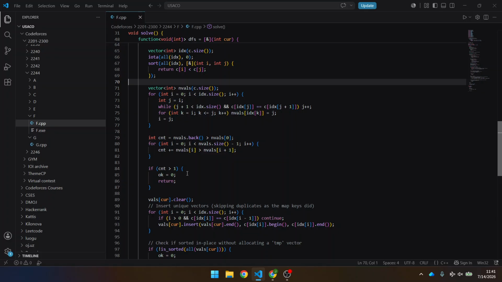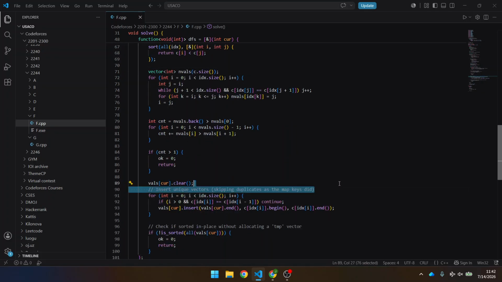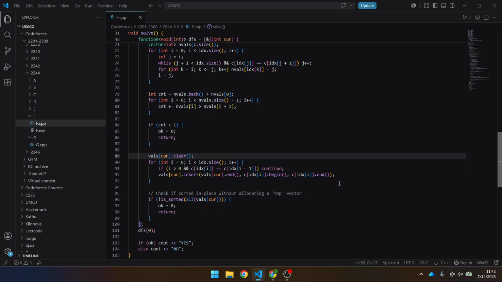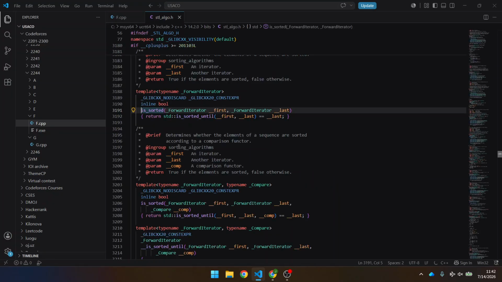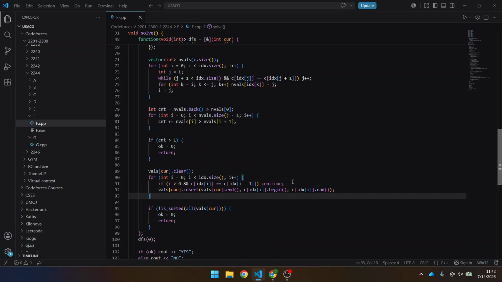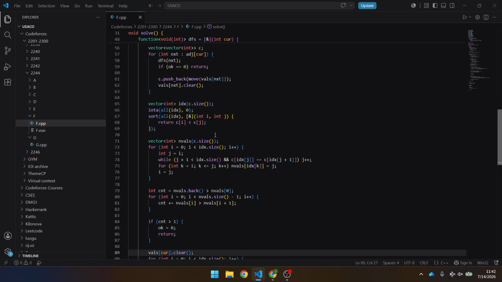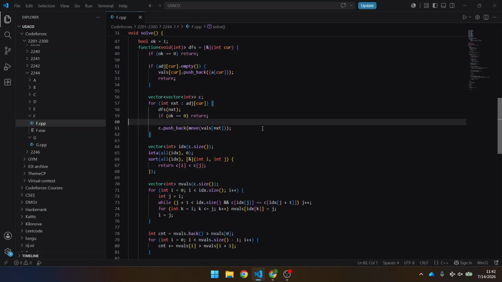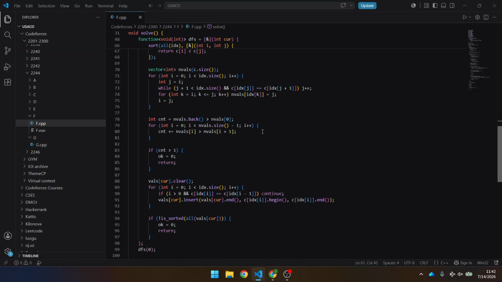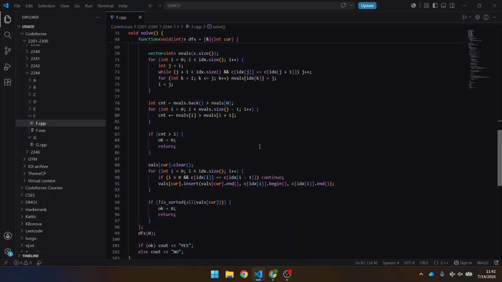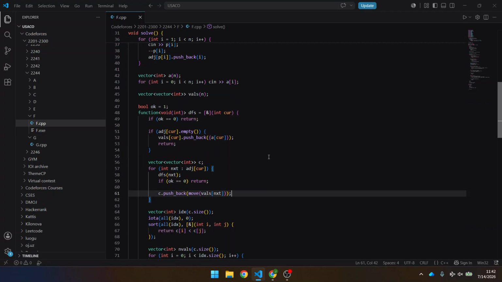So this is the same thing I just did: insert unique vectors, get duplicates, that's what the map did. Oh, and you can use this sorted. That's a thing. Oh, okay, that actually is a thing. Okay, yeah, I see.